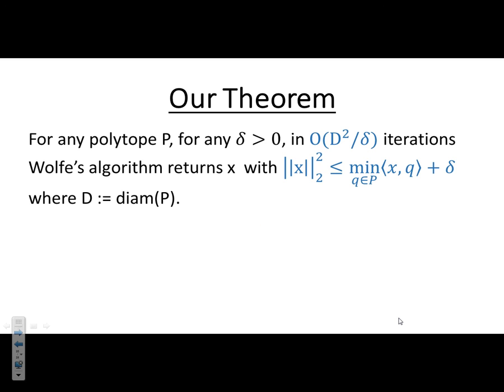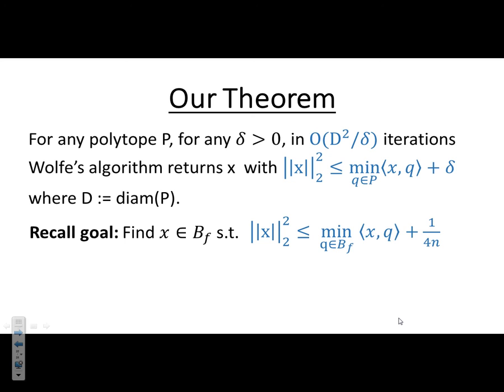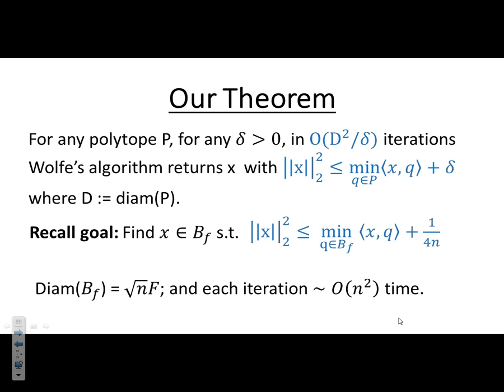Recall for submodular function minimization, what did we want? We wanted a point X in the base polytope B(F) where delta was 1 by 4n, and the diameter of the base polytope, again it's not hard to see, is at most root n times F, where F was the maximum singleton entry. This is a trivial bound, because you know exactly how the vertices look. If you put them together, and I did not say how much time is spent in each iteration.